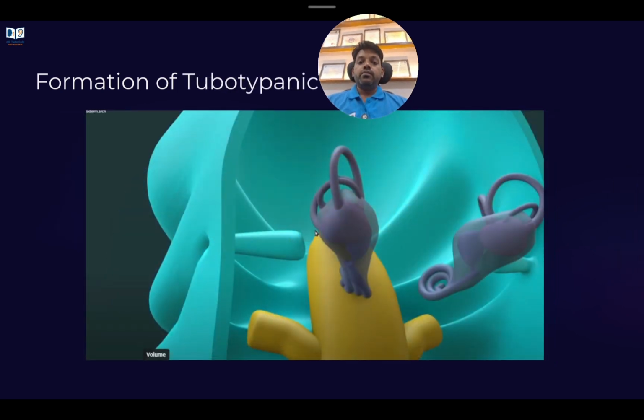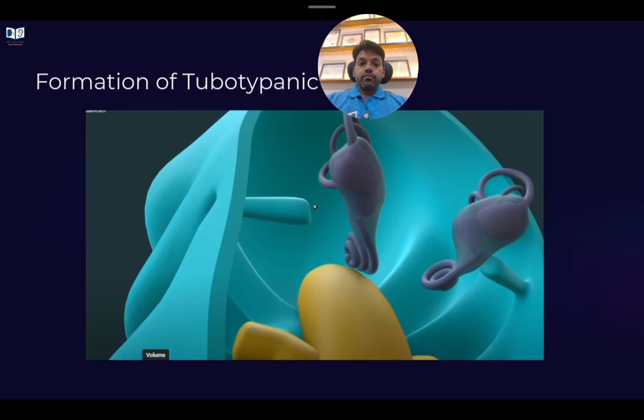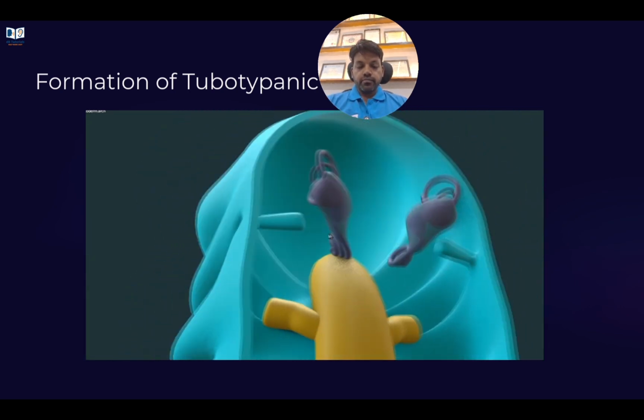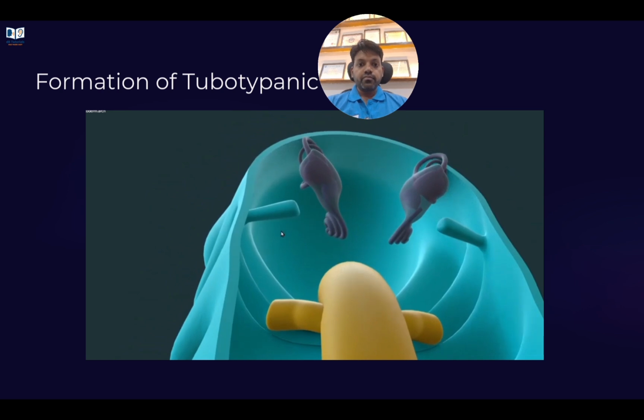It almost doesn't touch the internal ear or the cochlea, so it is not enough to transmit the sound waves to the cochlea. So how will the sound waves be transmitted to the cochlea?